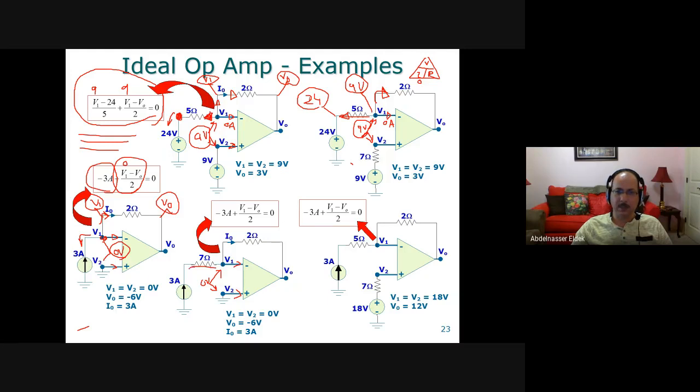Then this current, which is negative 3, plus this current, that is V1 minus VO divided by 2. So you add these two currents and the sum will be 0.